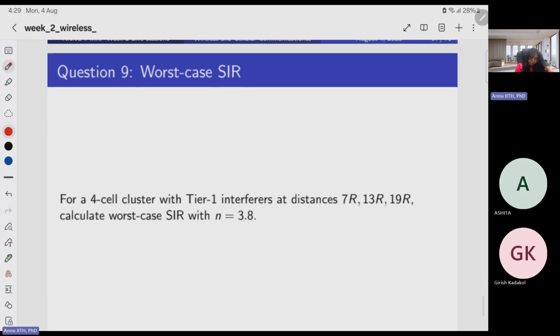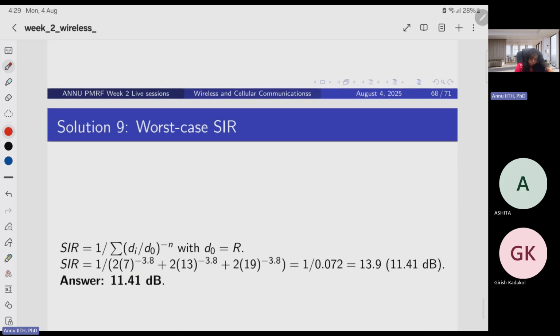Now, worst case SIR. For a 4-cell cluster with tier 1 interference at distances 7R, 13R, 19R, calculate the worst case SIR with n equals 3.8. Again, the same formula you have to use.